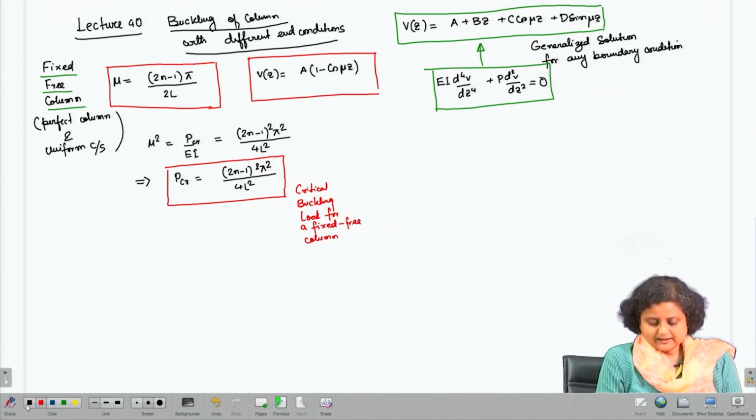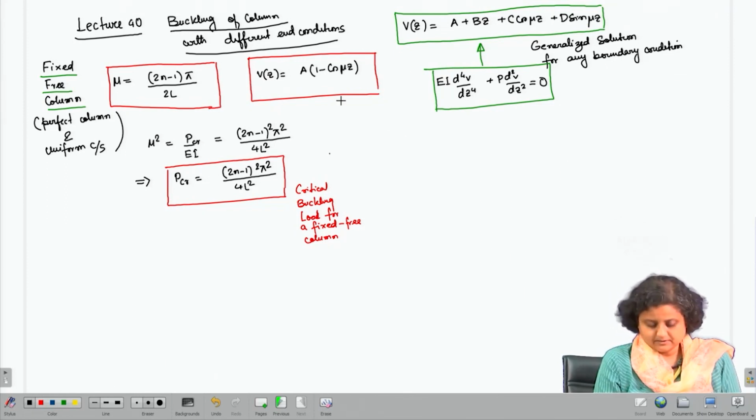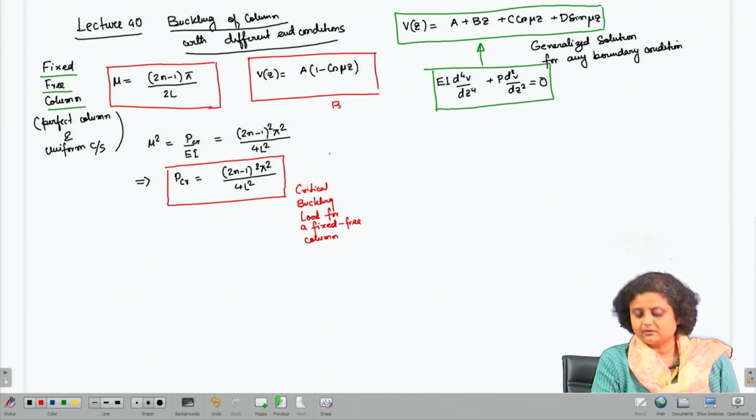Along with this we have got the buckling mode, or the shape, for the fixed free column.